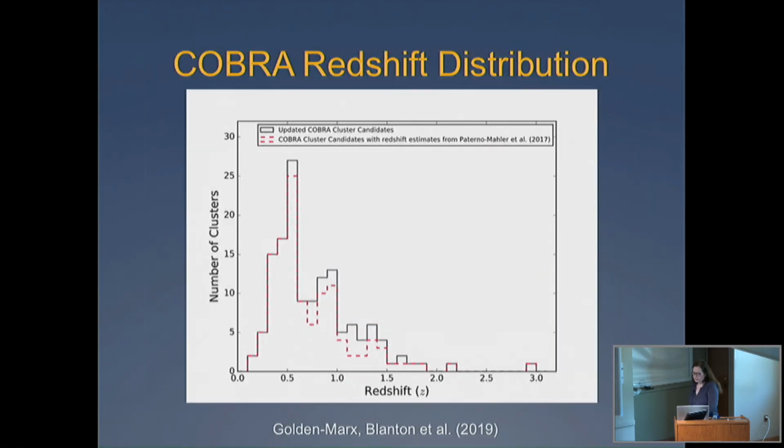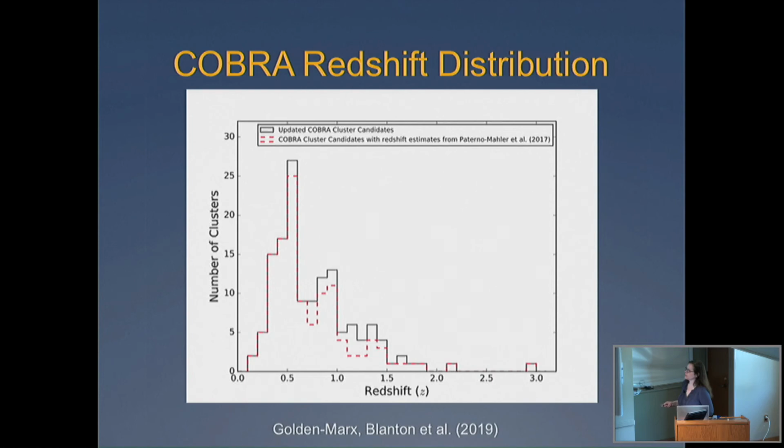This is a more recent redshift distribution. So this is combining the optical and infrared data here and showing now that we're going out to a redshift of almost 3. So this is only for cluster candidates and only for ones where we have redshift estimates, so it's only about 150 of the sources here.